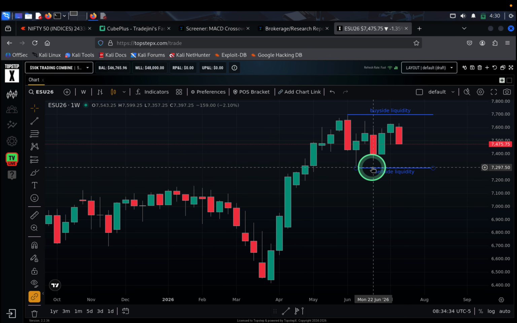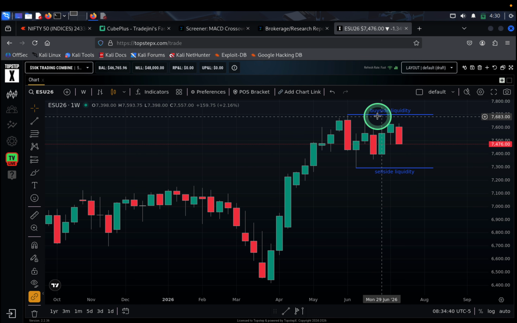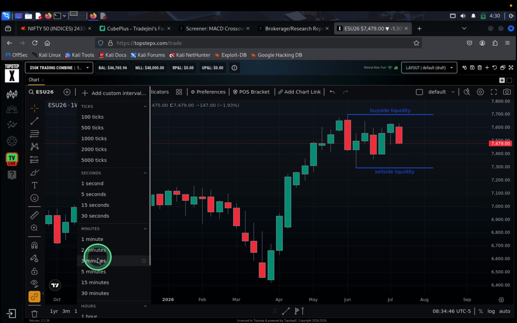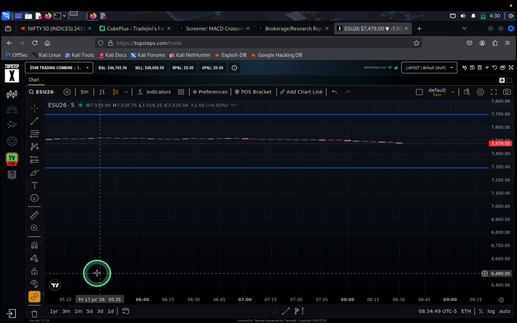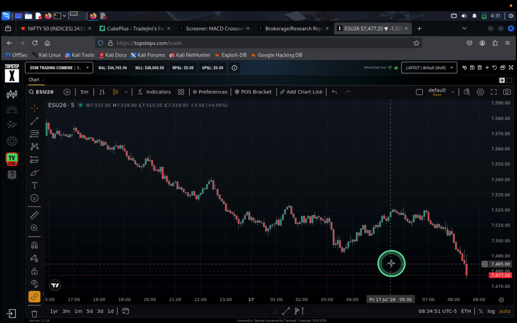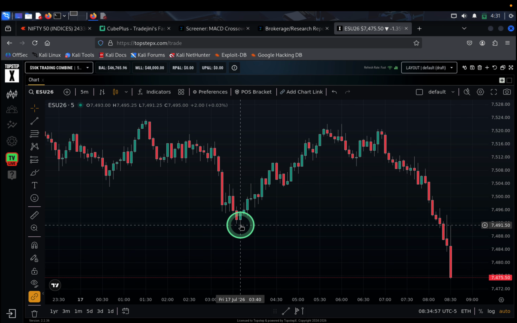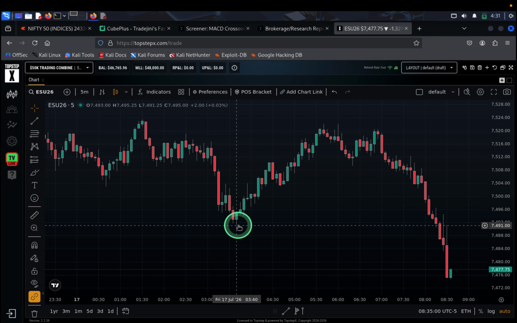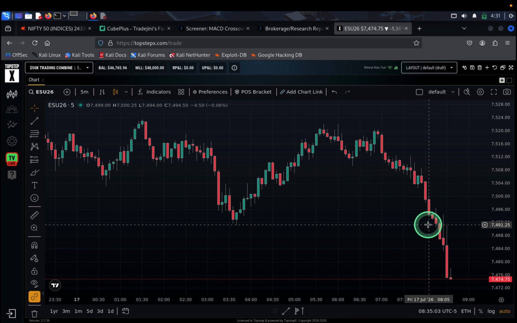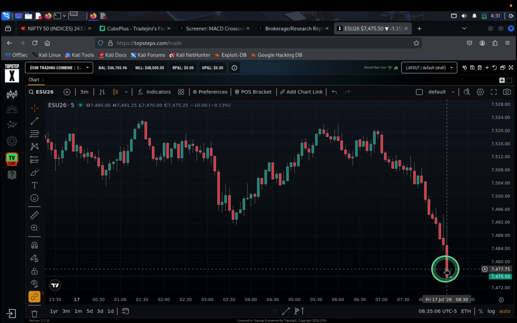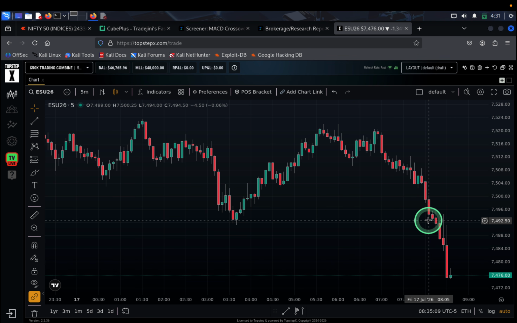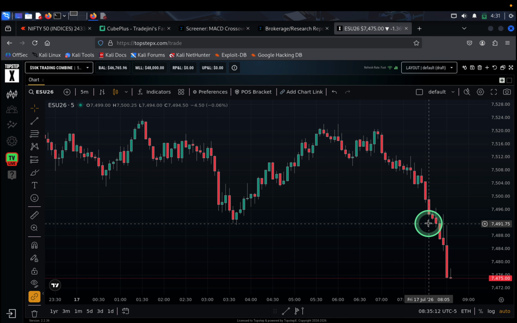I cannot show you live right now because these are weekly charts, but keep in mind these levels. When I go to, let's say, the 5 minute chart, this was, according to retail traders, a major support line, and see how it broke down, because institutional traders attacked the support line in places where people must be placing their stop losses.